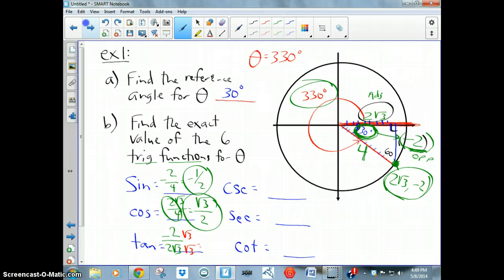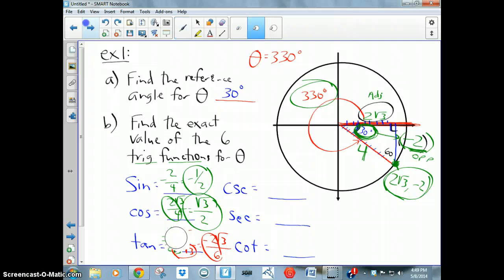And that's going to give me negative 2 square roots of 3 divided by square root of 3 times square root of 3 is 3 times 2. That's over 6. But now negative 2 over 6 reduces. Now I'm going to erase this work here. Negative 2 over 6 reduces. And what I have is negative square root of 3 over 3. Good.